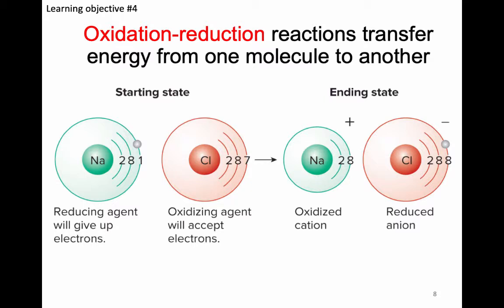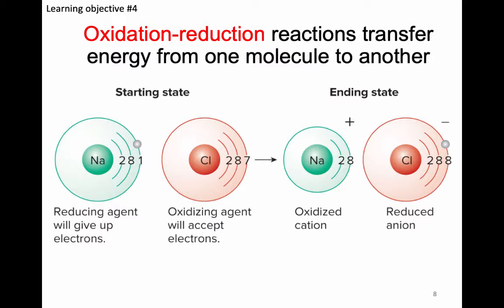An additional type of reaction we're going to discuss in Chapter 8 is the redox reaction, or oxidation reduction reaction. So these types of reactions involve the transfer of energy from one molecule to another. This is a simple example showing the sodium atom as a reactant combined with the chlorine atom as the second reactant.